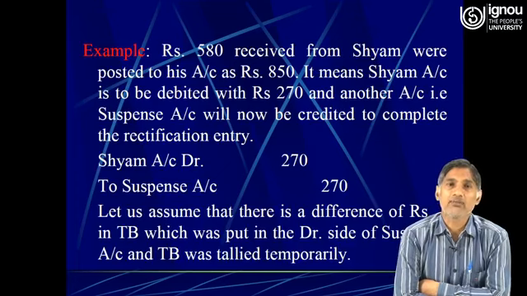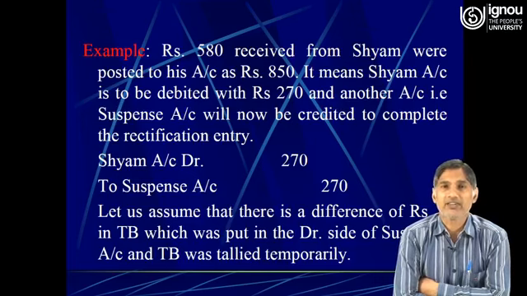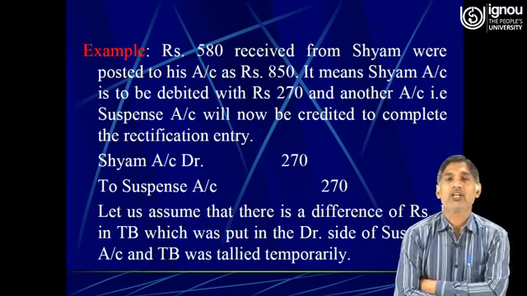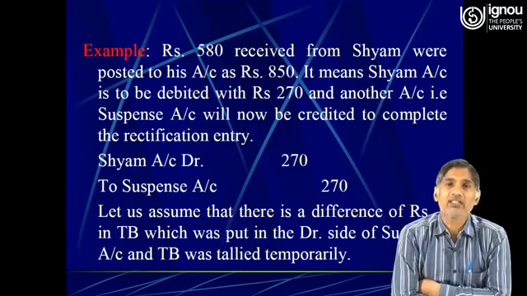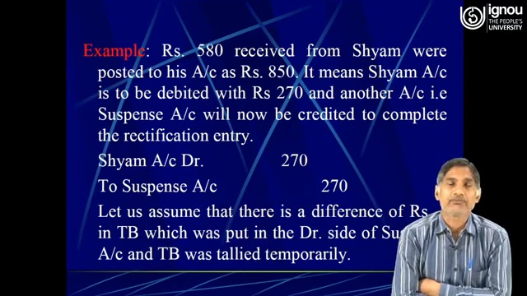But the Shyam account is to be debited here with rupees 270, and the other account, that is suspense account, will now be credited to complete the rectification entry.